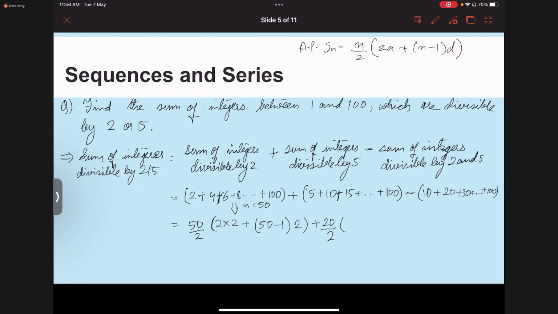Now your first term is 5, so 2 into 5, plus 20 minus 1 multiplied by the d, which over here is 5. And then you have minus, you have 10 numbers which are divisible by both 2 and 5. So that will be 10 by 2.